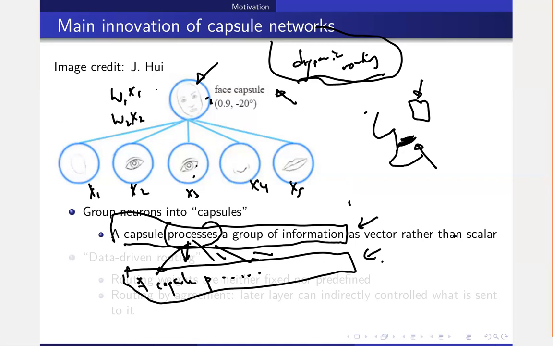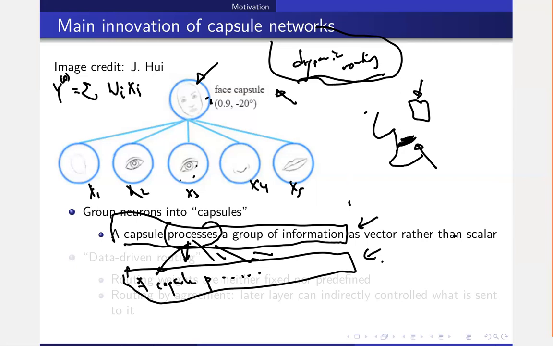Now for this capsule here, I will have an initial estimation of the capsule output as just the weighted sum of them. Initially it would simply be the sum of Wi Xi. This is my initial estimate. Maybe I call it Y zero here.